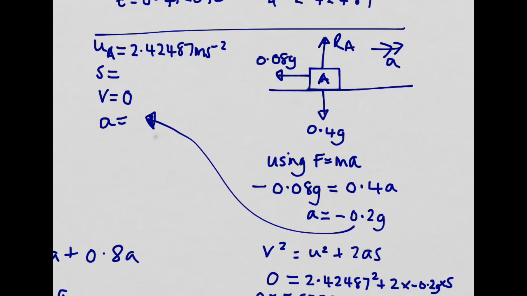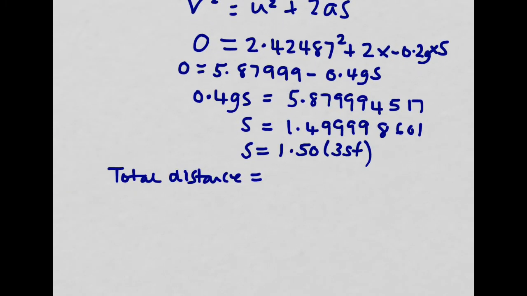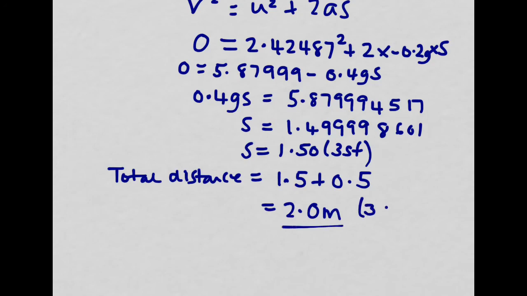And this distance we've worked out here, this 1.5, is the distance it travels once the string becomes slack. So the total distance is the 1.5, add the original 0.5, which gives you a total of 2 metres. But remember, that is actually to 3 significant figures, but I've written it to 2 significant figures there.